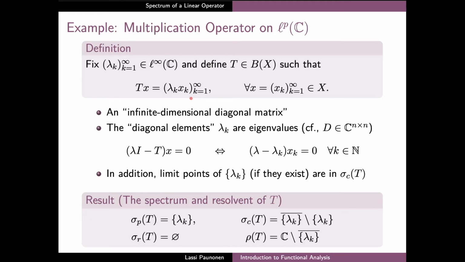Because in the case of finite vectors, this same effect is produced by multiplication of a vector x with a diagonal matrix from the left, we can think of T as an infinite dimensional diagonal matrix. And in this interpretation, the values lambda_k are the diagonal elements of the matrix.